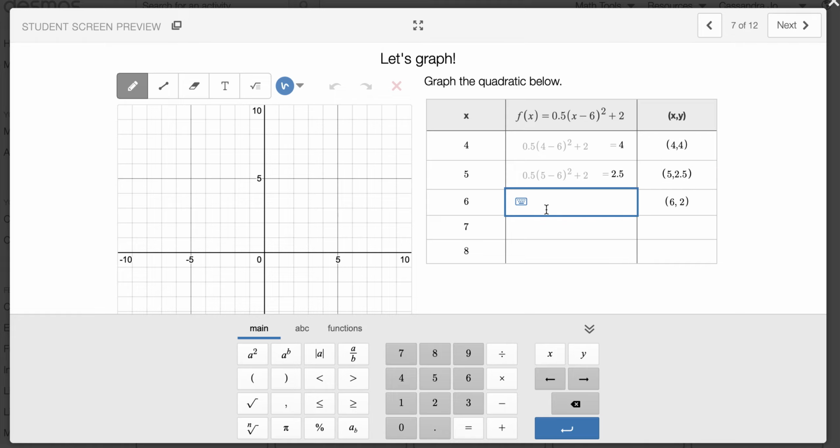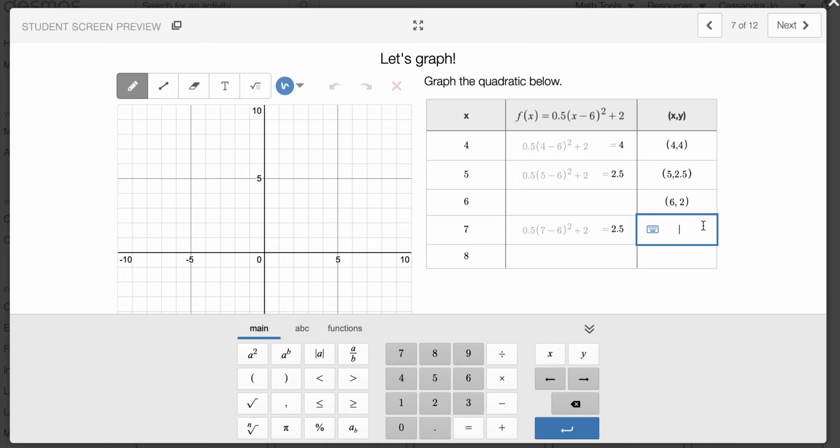Now I don't need to calculate anything here because I already have my answer. Down here, I'm going to plug in a 7, and I get 2.5. And so my point down here is 7, 2.5.